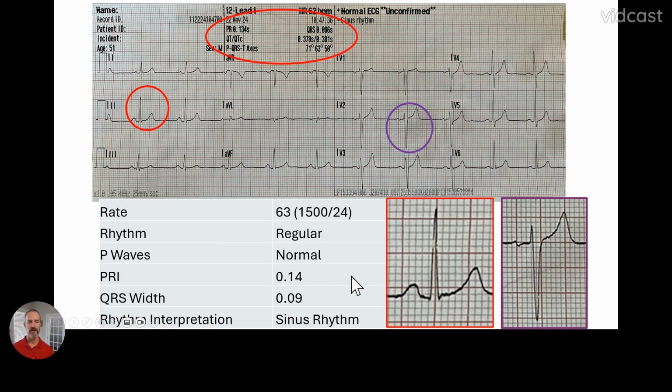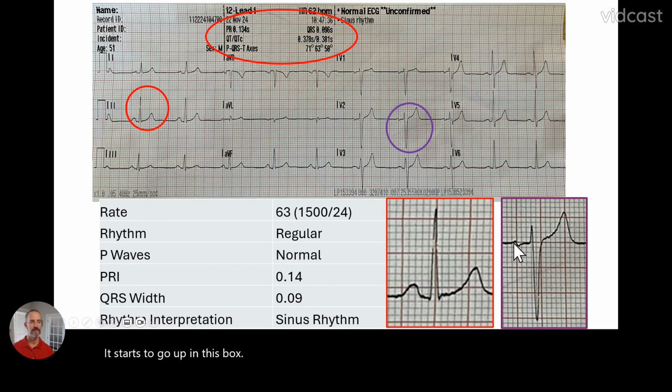Moving on to the PR interval. You can see here the PR interval starts to go upward about halfway over from this box. Then you have one full box, another full box, another one. So it's about 3.5 small boxes. We come over to this one. Again, you can see it starts to go up in this box. So you have 1, 2 full boxes, and then about a half.